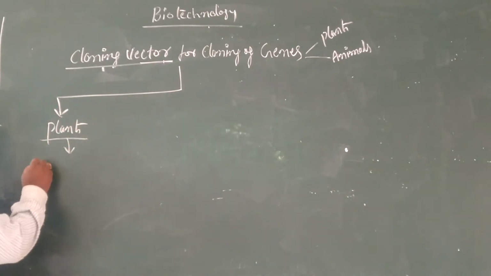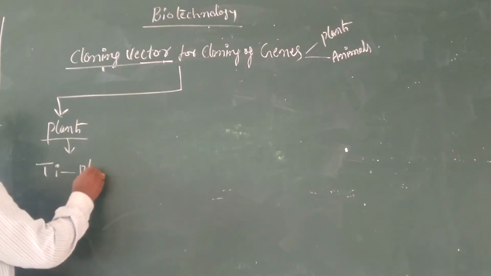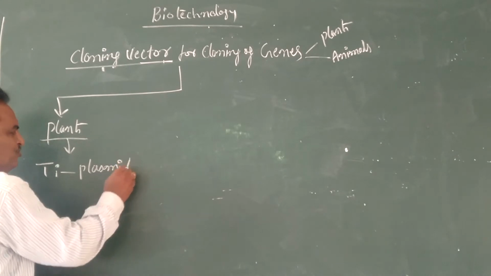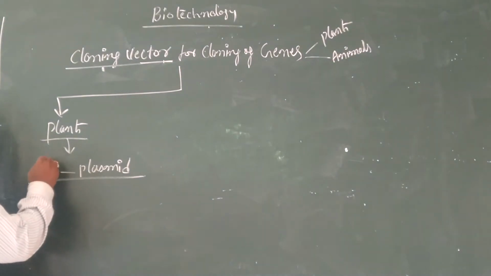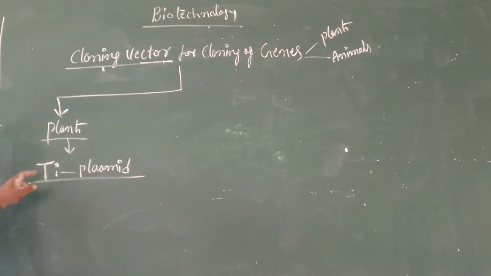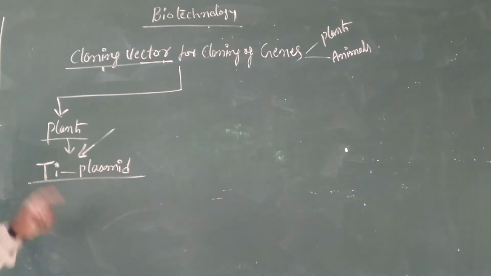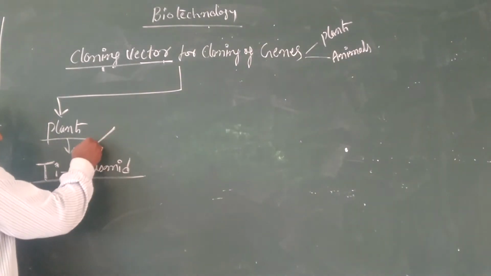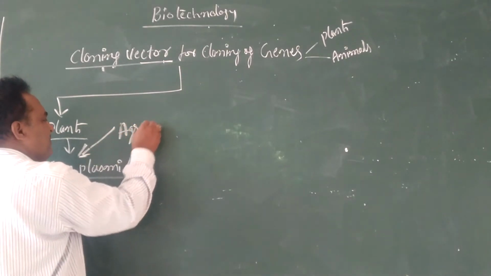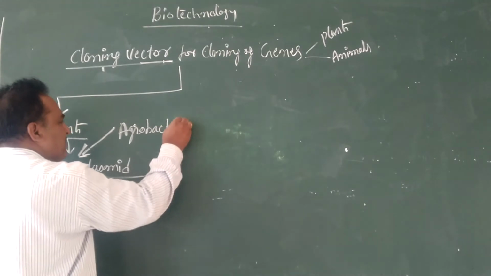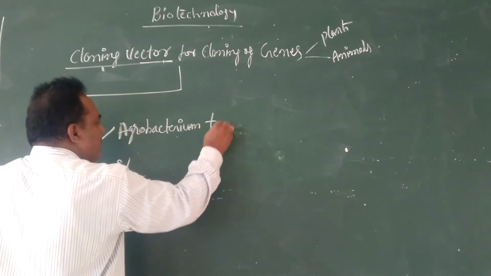is called the Ti plasmid. The Ti plasmid is used for cloning of plant genes. Here, Ti means tumor-inducing plasmid. This kind of plasmid is extracted from the soil bacteria, crown gall bacteria, called Agrobacterium tumefaciens.